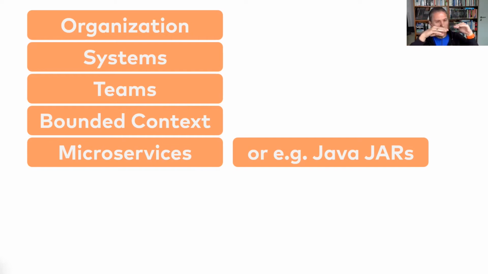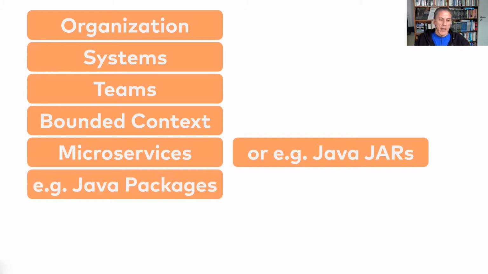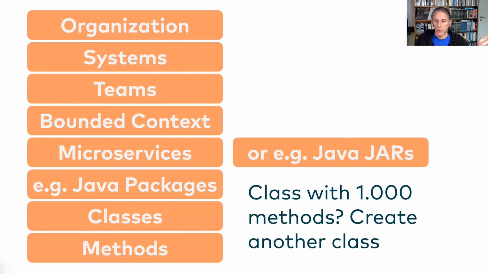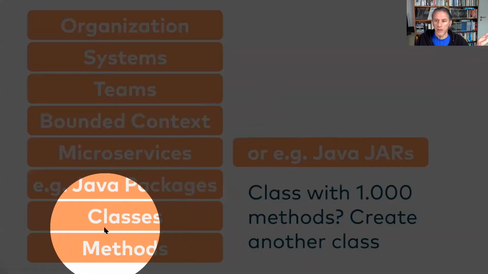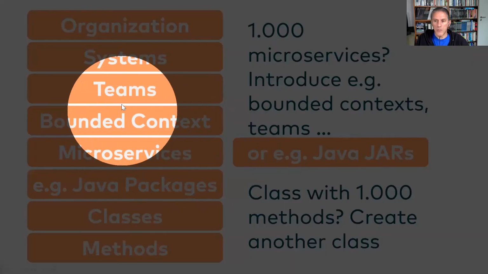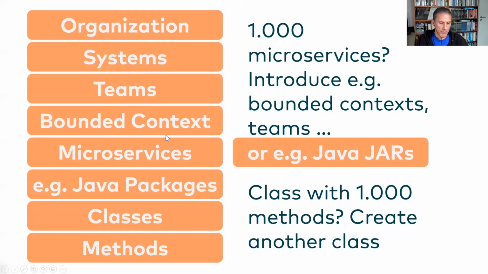And then you have something that you can keep in your head. Obviously, no one can keep 1,000 microservices in their head. And then you have more fine-grained things like Java packages, classes, and methods. And as I said, a class with 1,000 methods would mean that you would need to create another class. And if you have 1,000 microservices, you should probably build something like bounded contexts or teams and hide that away.